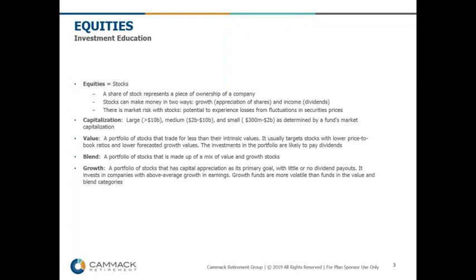When you look at stocks, they're very different in size in terms of style and capitalization. So capitalization indicates the type of company. So you'll see large, mid-cap, or medium, and small. And that's determined by the actual capitalization of the shares available in that company.